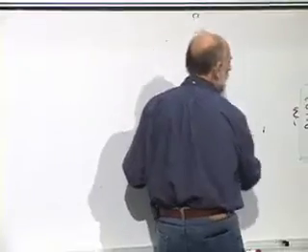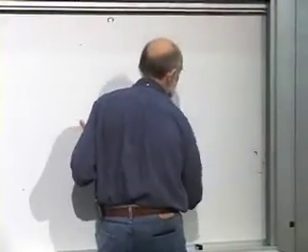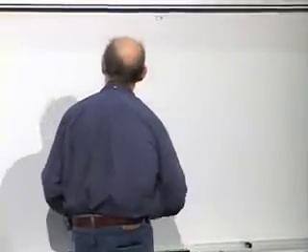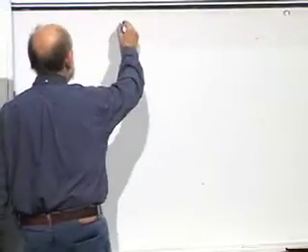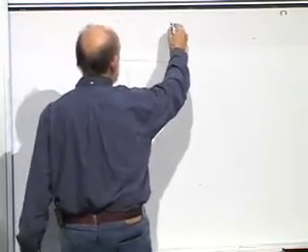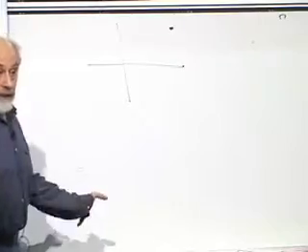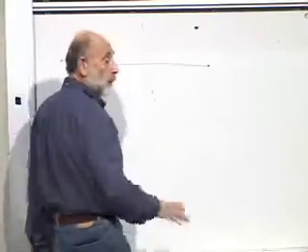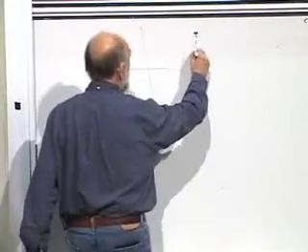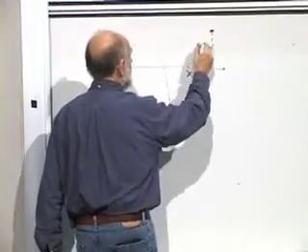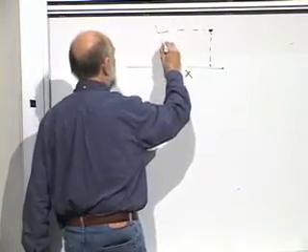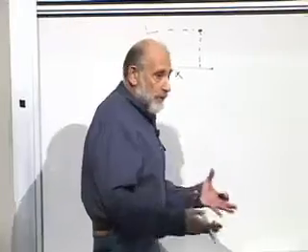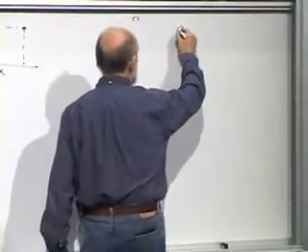But let's use x and y and not r and theta. So our particle, or it could be a collection of particles, but let's start with one particle, is coordinatized by an x and a y. Those are our two coordinates.